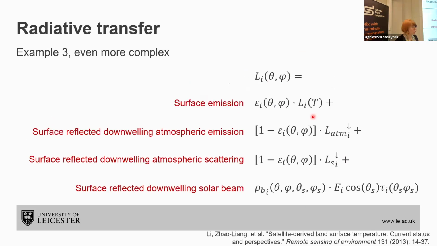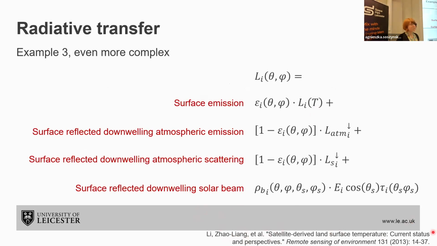We can make things even more complicated, and I don't expect you to remember all of those equations. Here we can break down a little bit more complex equation, which I took from this publication, into surface emission, surface reflected downwelling atmospheric emission, which we already spoke about. Then we have another component, which is scattering.